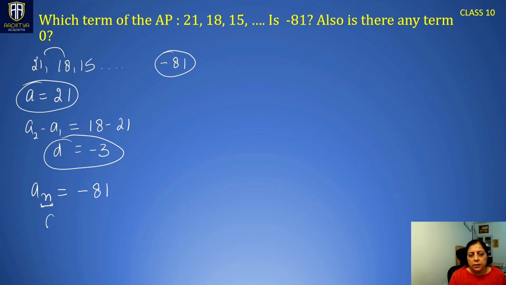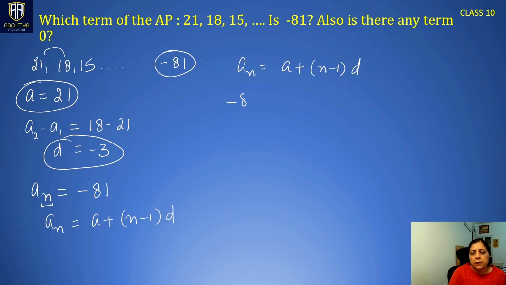You have to use the same formula, an is a plus n minus 1 d. The only difference is that instead of finding an, an is given. Here your an is negative 81, the first term is 21, n is what you have to find, and d is negative 3.